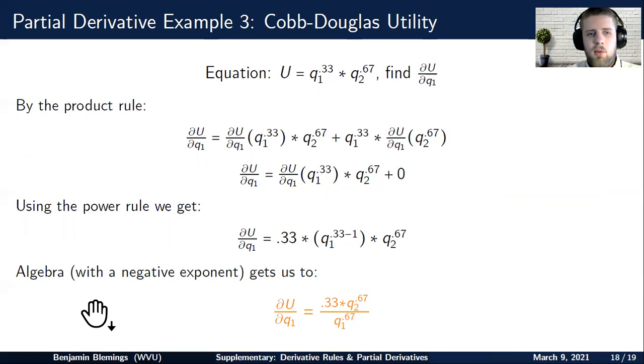With a little simplification by algebra, it gets us to du dq1 equals 0.33 times q2 to the 0.67 times q1 to the negative 0.67, or over q1 to the 0.67. Because this is a negative exponent, we can move it to the denominator and make it no longer a negative exponent. And so that's it.